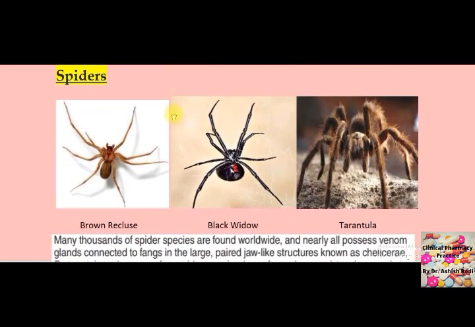Now coming towards the spiders. Spiders are very common in our household and domestic areas. However, these domestic spiders are not poisonous, and the poisonous spiders are usually found only in forest areas, like the brown recluse, you can see here, the black widow, as well as the tarantula.